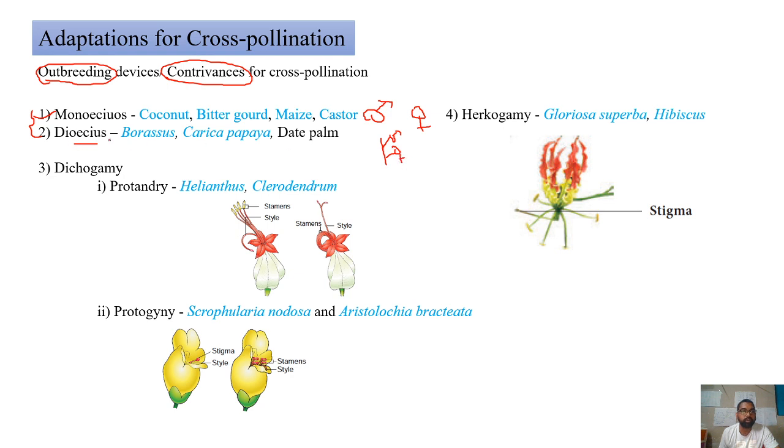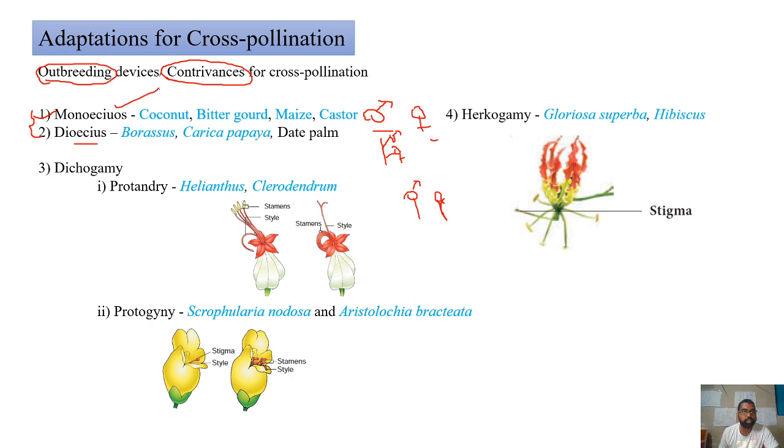In the case of dioecious, one plant will possess male flowers, the other plant will possess female flowers. That is, male and female plants are different. But in both cases, the flowers are unisexual only. Therefore, the chances for self-fertilization will not be there. So, always there will be cross-fertilization only, or maybe geitonogamy.